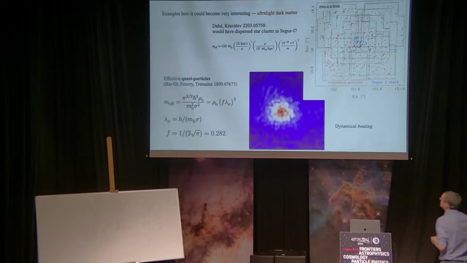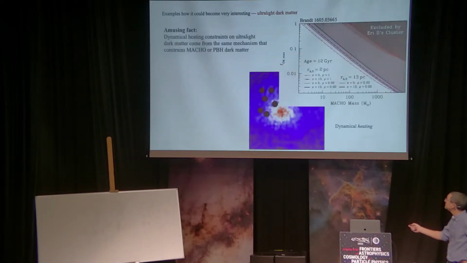It's exactly equivalent. In fact, at 10 to the minus 20 electron volt, the effective mass of the fluctuations is at the level of hundreds of solar masses. That's how massive our ultralight dark matter effectively behaves. If this constraint is correct, it is very, very strong.